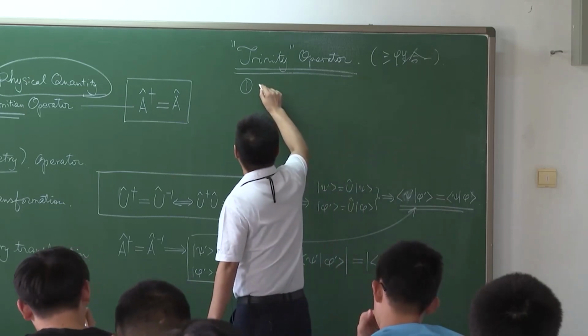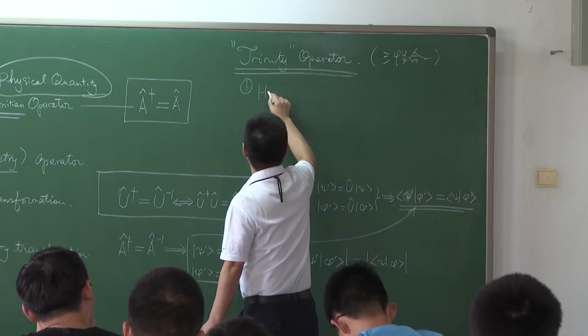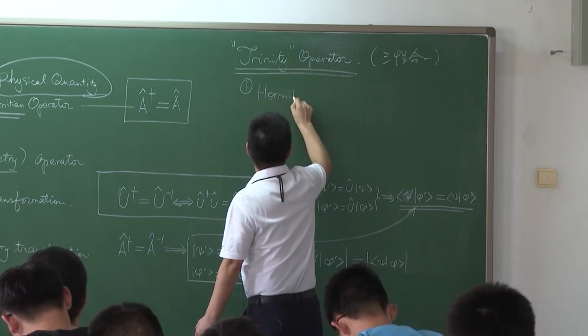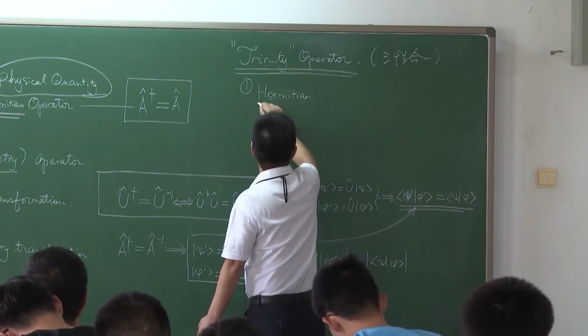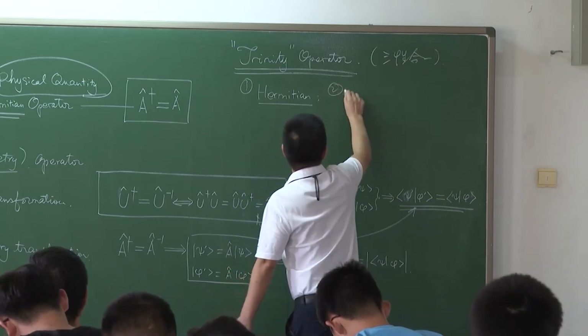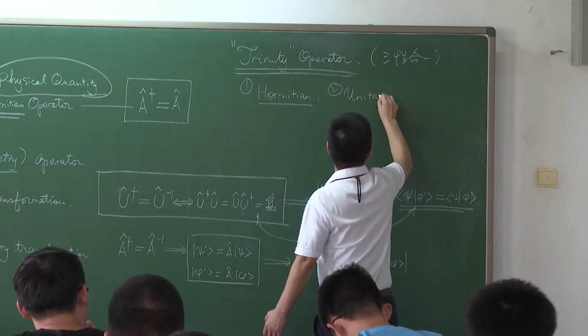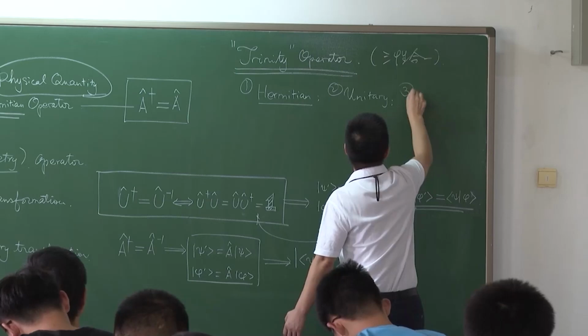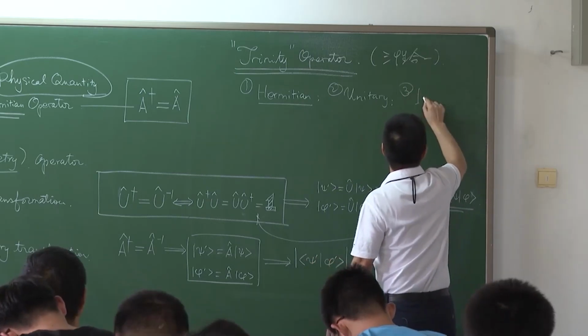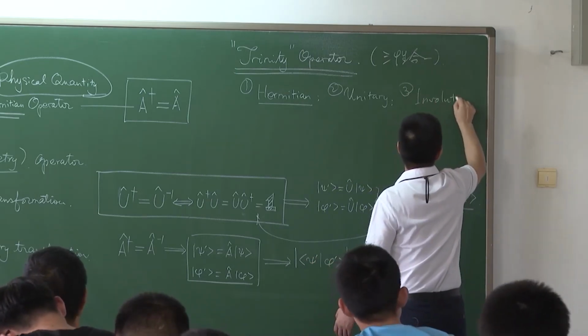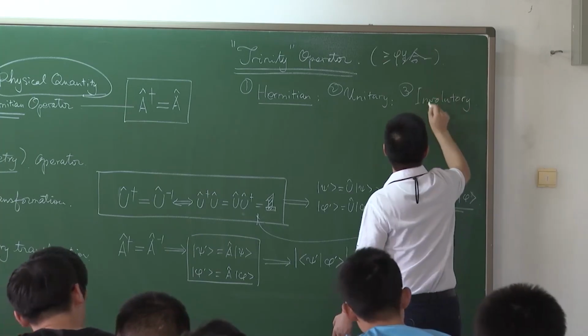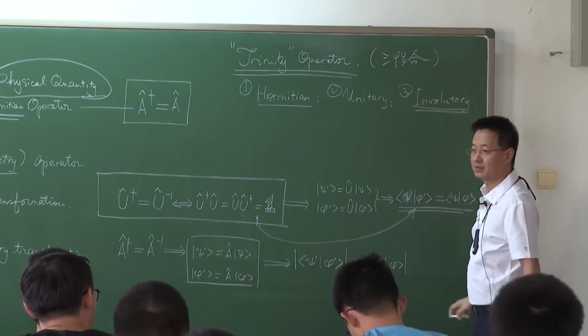The first property is that it should be a Hermitian operator. It should be unitary. And also, it should be involutory. Do you know the meaning of this?